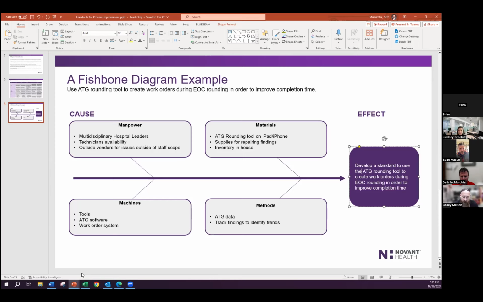But to have stats, I think everybody needs to put everything into ATG, regardless of whether you fix it, because they have the capability to put work orders in there and say you corrected it on the spot, and it won't go anywhere. It'll stop right there in the system. It'll still show, but it won't be sent to anybody. It'll just say, all right, you corrected it, but there was a problem. So anything else that I left off, my group?